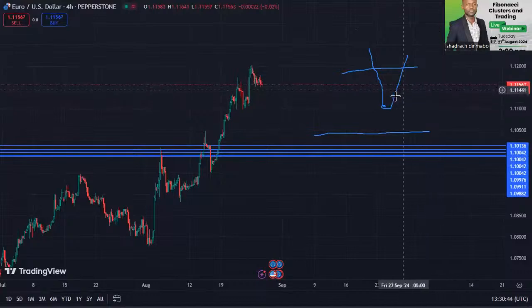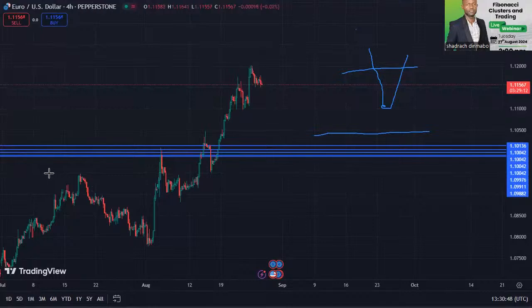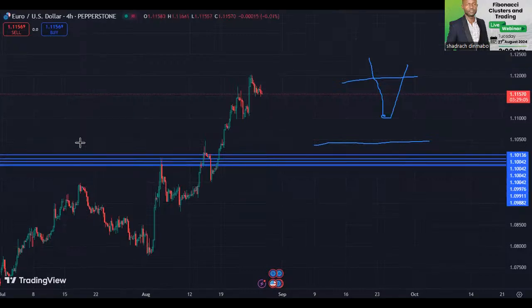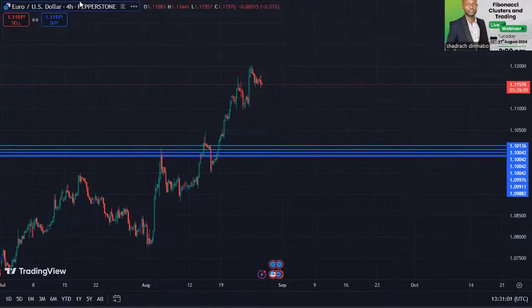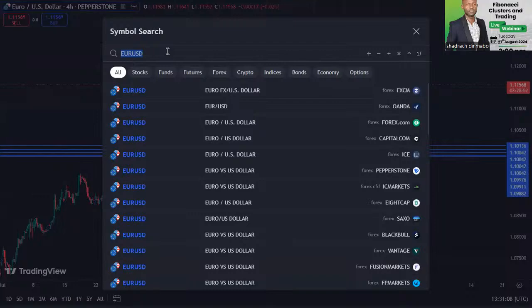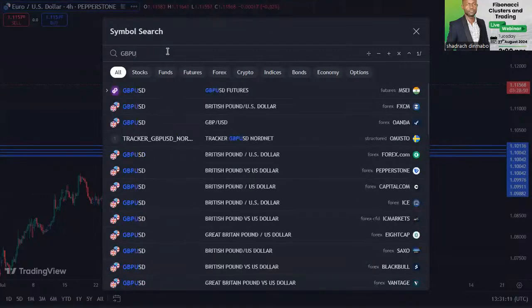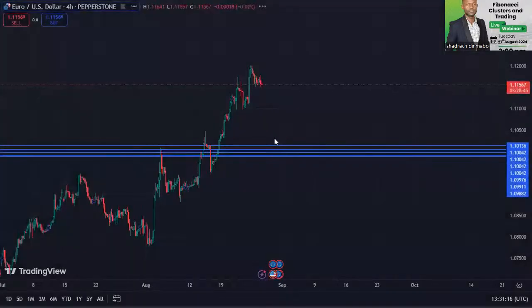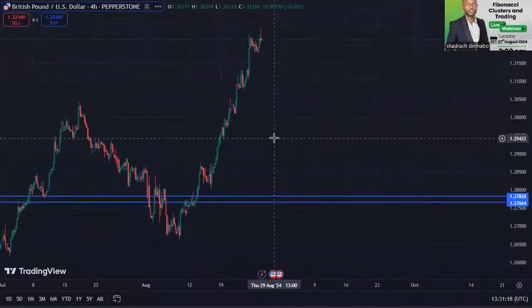All right. Let's take one more example and then we call it a day. Let's see, probably GBP USD, and let's see how we can play around that.